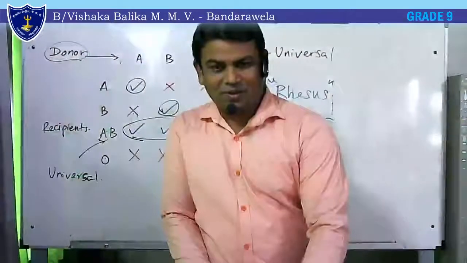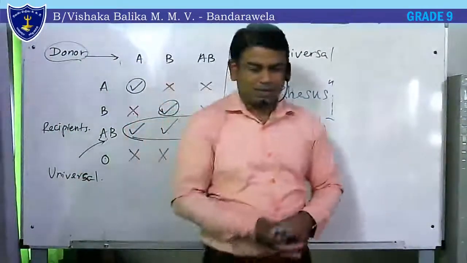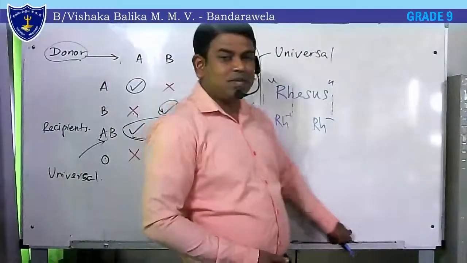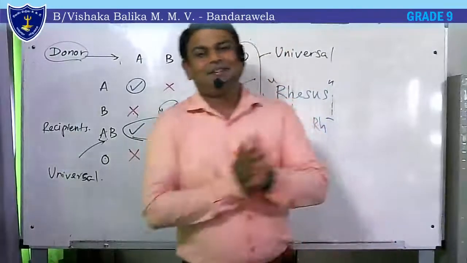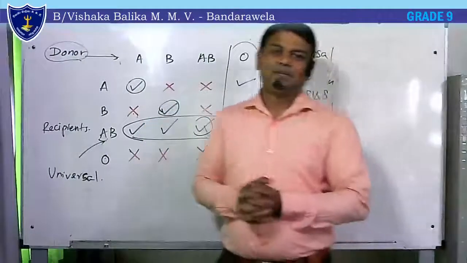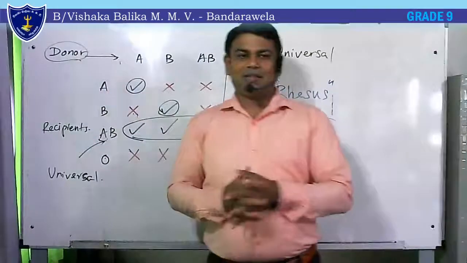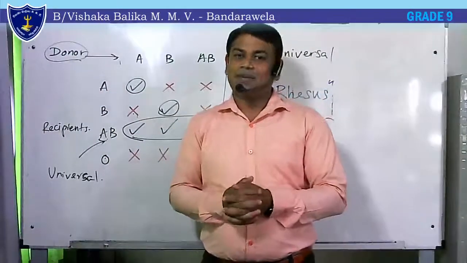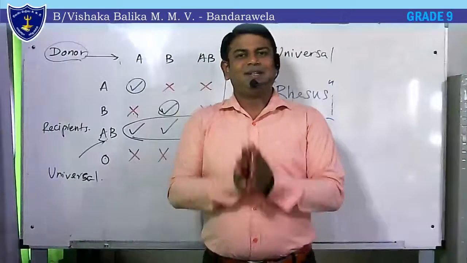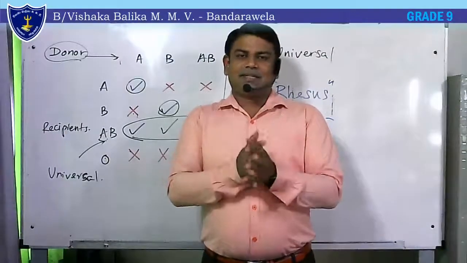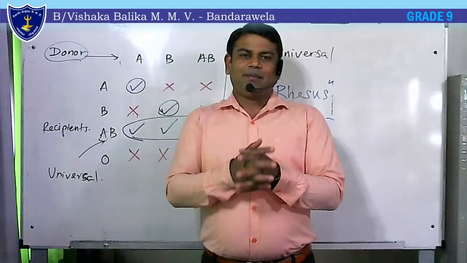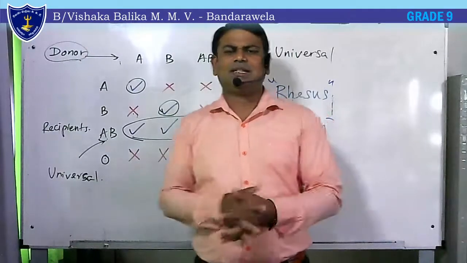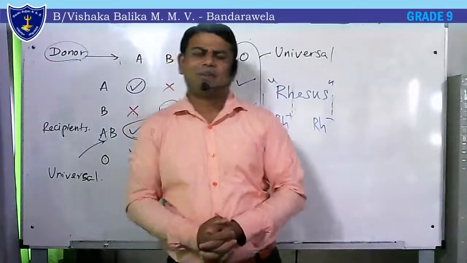Okay, now we know how to match the blood groups. If all the blood groups are matched, then we can donate blood. People who donate blood are the blood donors. People who receive the blood are the recipients, right? In some cases, if the blood groups are unmatched, some type of symptoms or rejection takes place from our body.